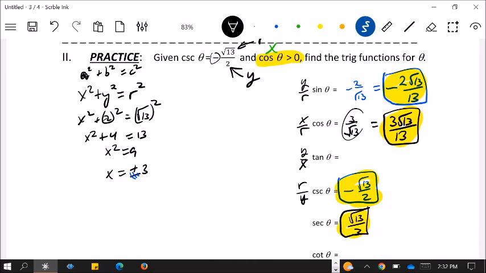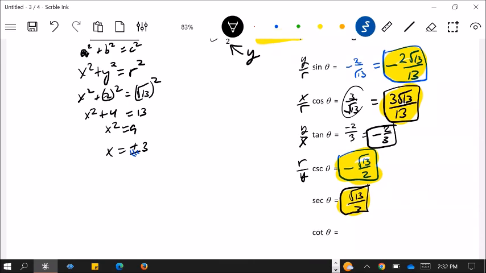We know the y value is a negative 2, and the x value is a 3. Negative 2 over 3. And the reciprocal is the cotangent, so it's negative 3 over 2. We don't change the sign, we just do the reciprocal of the numbers.